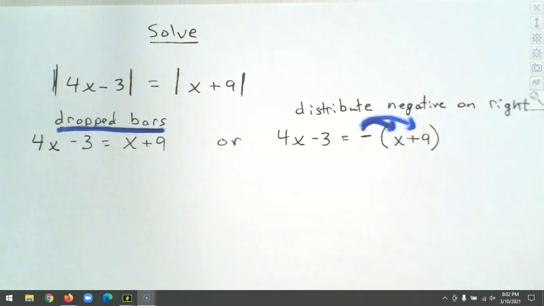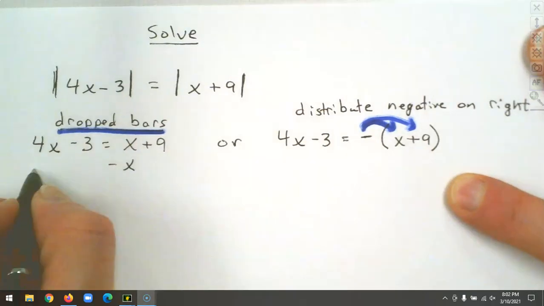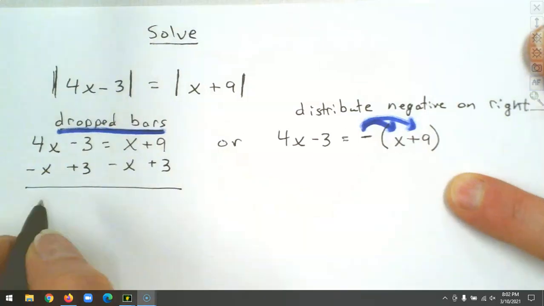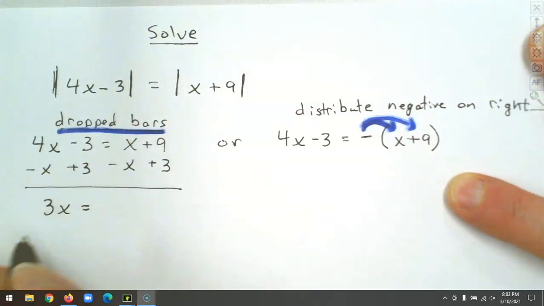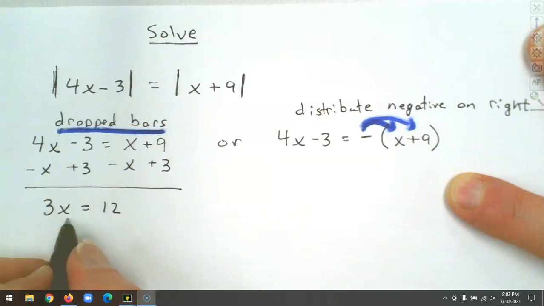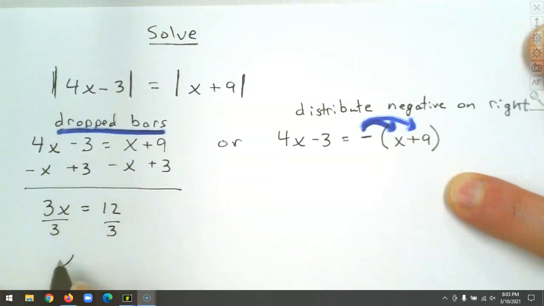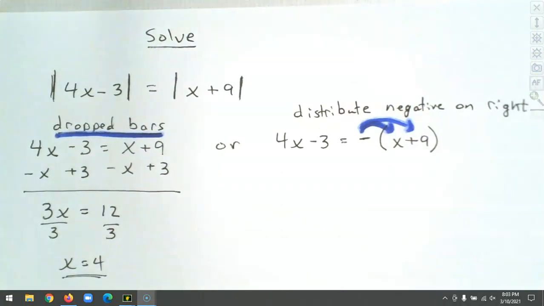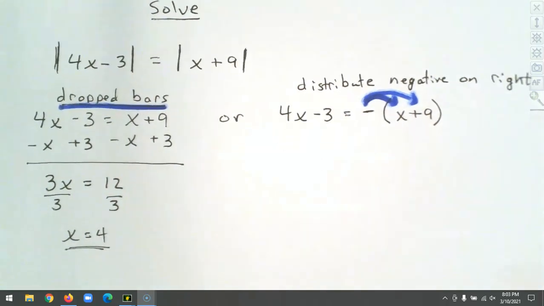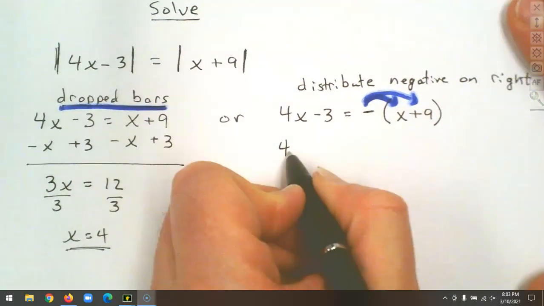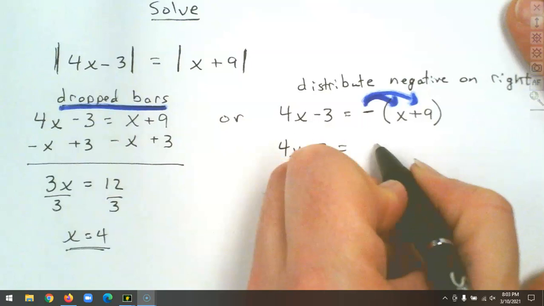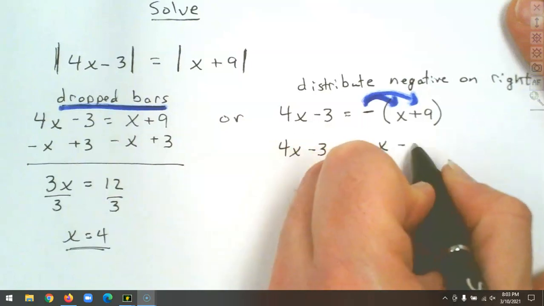And we'll solve the left-hand equation first. So we'll move that x over. We'll add the 3. And that gives us then 3x equals 12. Divide by your 3. And x now equals 4. Same process on the other side. We distribute our negative through. So that makes it 4x minus 3 equals, distributing your negative through, minus x minus 9.